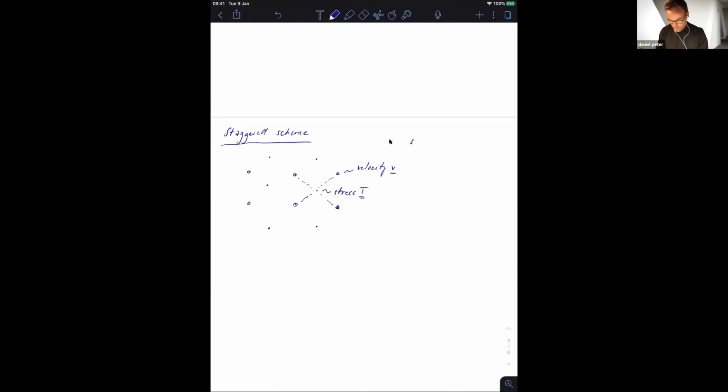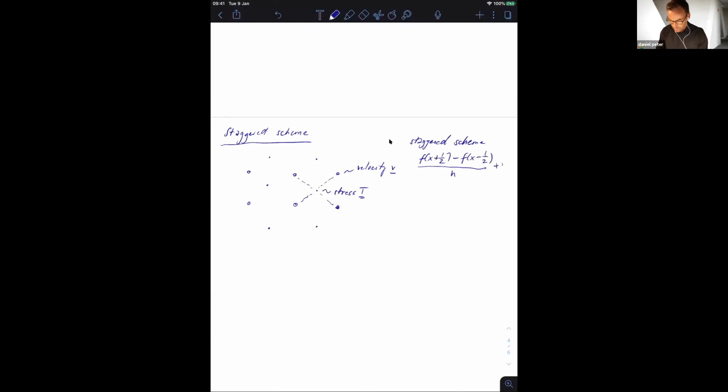So if you want a staggered scheme, use intermediate steps, and a very simple one is f of x plus 1/2 minus f of x minus 1/2, divided by h.